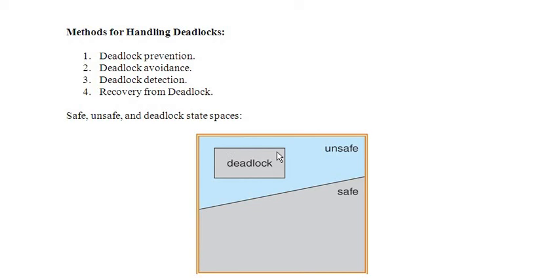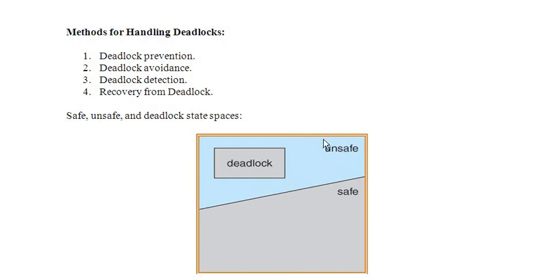We know what is deadlock. Usually deadlock happens in the unsafe state. That means in a safe state there is no occurrence of deadlock, there is no chance of deadlock happening, and all systems which are in unsafe mode may or may not find a deadlock.